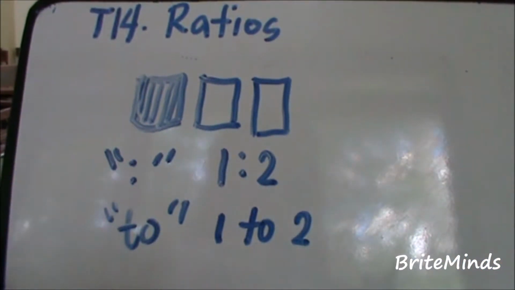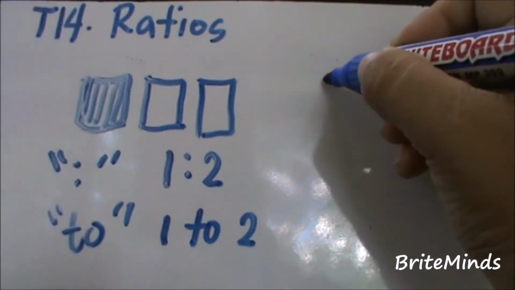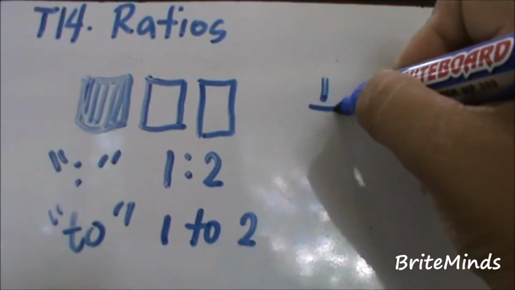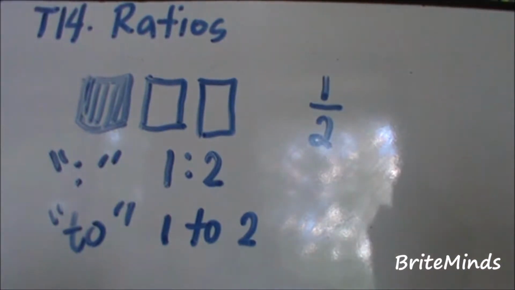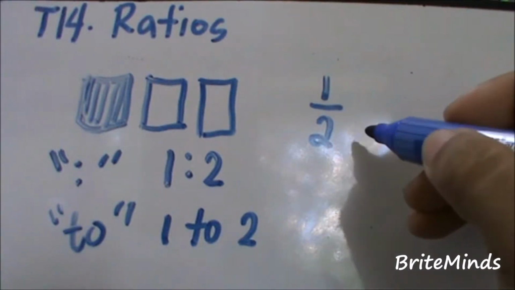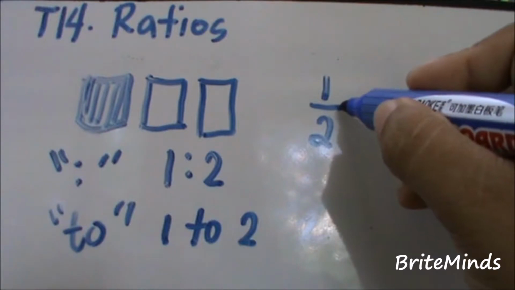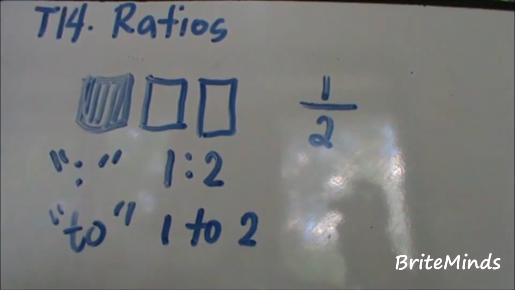Or we can write it like a fraction, 1 over 2. So we can see that the two values are separated by a fraction bar or a colon.